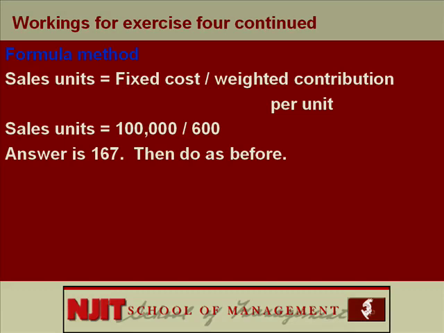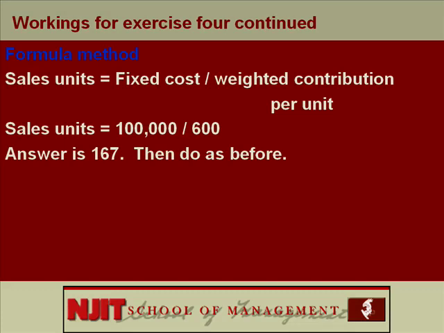The weighted contribution per unit takes both products into account. So what was the selling price weighted? It was 1800X, do you remember? What was the variable cost which took both into account? It was 1200X. I'm sorry, 1800 and 1200. So the weighted contribution was 600.